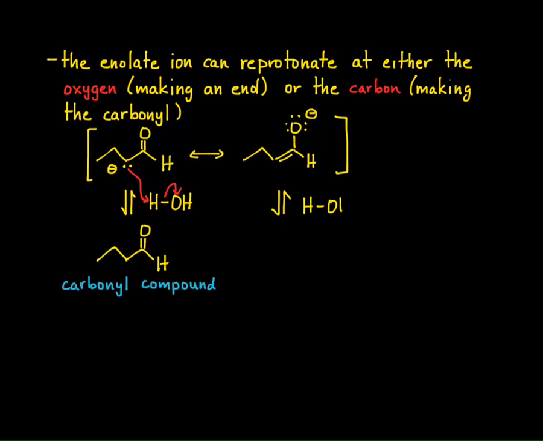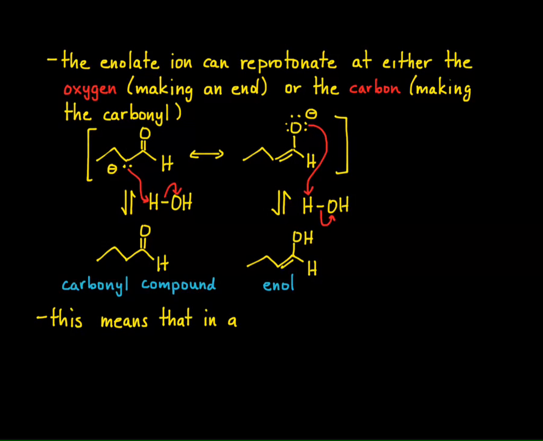Now, on the other hand, if I protonate the oxygen, so when the oxygen has a negative charge associated with it, and again I'm going to use water to do this, I protonate the oxygen, and I generate again a neutral species, but now that oxygen has a proton associated with it, and so this is called the enol. And so I have a carbonyl and an enol, two possible structures that I can form once I deprotonate and then reprotonate.